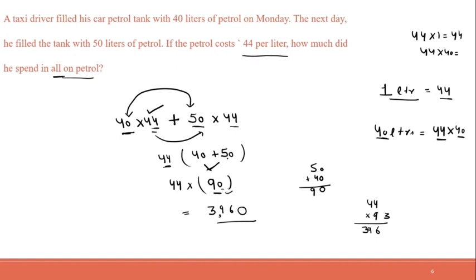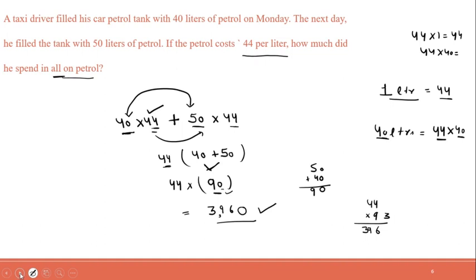In total, he bought 90 liters of petrol, 40 on Monday and 50 on Tuesday. The price of 1 liter is 44, so the price of 90 liters will be 44 multiplied by 90, and we reach this sum. That means the taxi driver has to pay 3960 in total for both the days. I hope you got this.